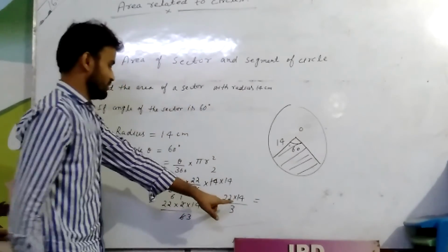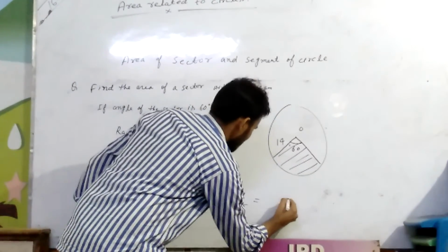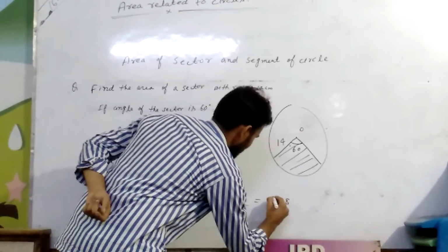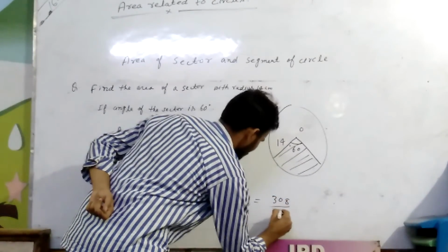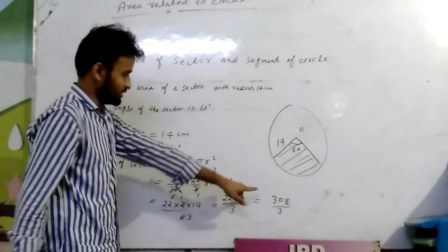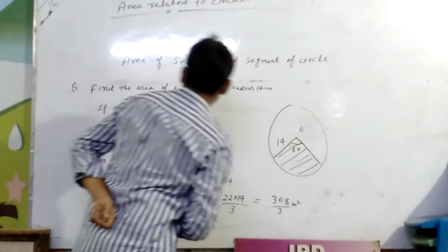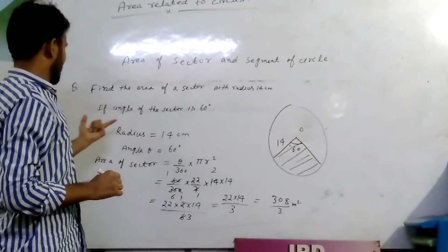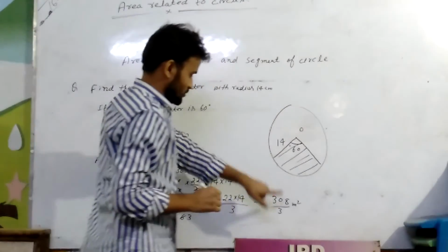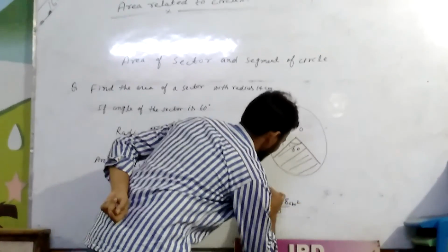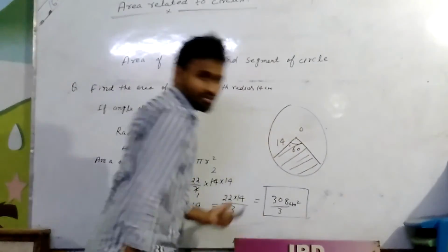When we multiply it, 14 twos are 28, and 2 more is 30. So 308 upon 3. The unit is square; our radius is in centimeter, so the area is in centimeter square. That's it.